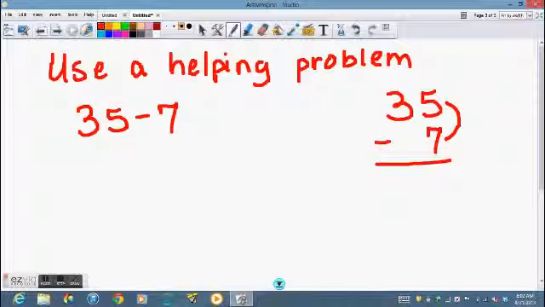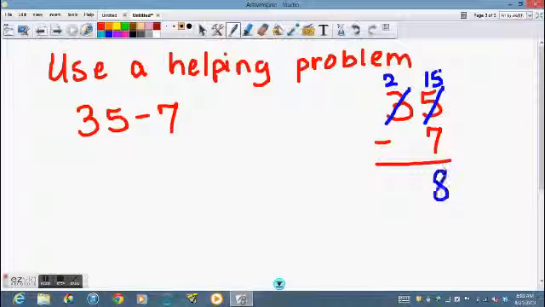You can't take 7 away from 5. So what we do usually is we come over here to the 3 and we borrow 1, so that leaves 2, and we bring that 1 that we borrowed over, and it's actually a 10 that we're borrowing, so when we add that to 5 we get 15. So 15 minus 7 is 8, and then we bring down the 2.